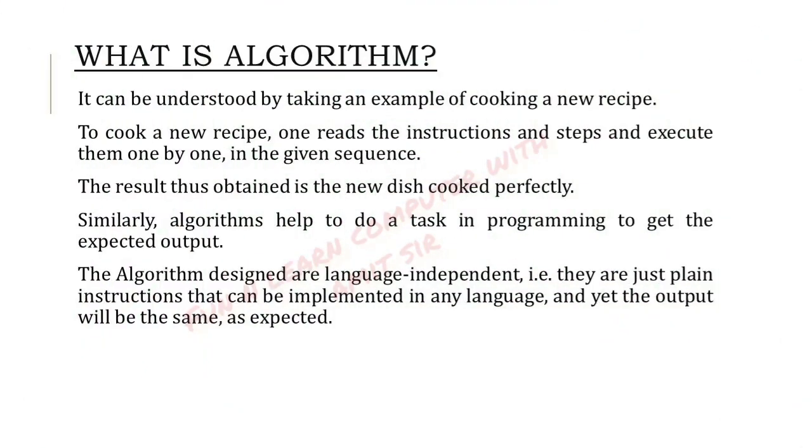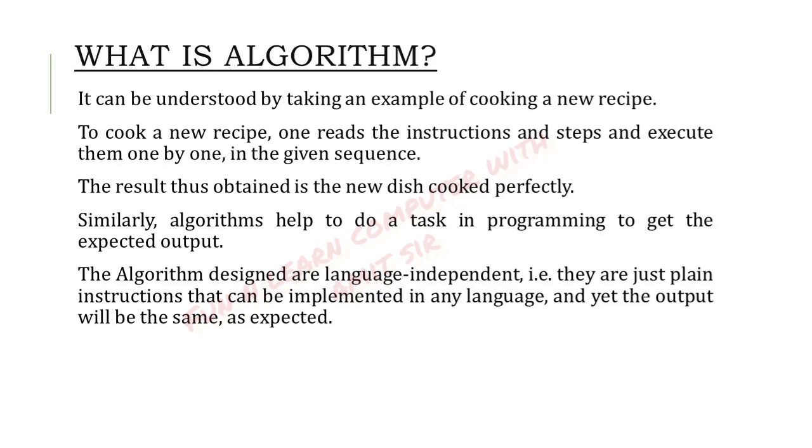It can be understood by taking an example of cooking a new recipe. To cook a new recipe, one reads the instructions and steps and executes them one by one in the proper sequence. The result thus obtained is the new dish cooked perfectly.